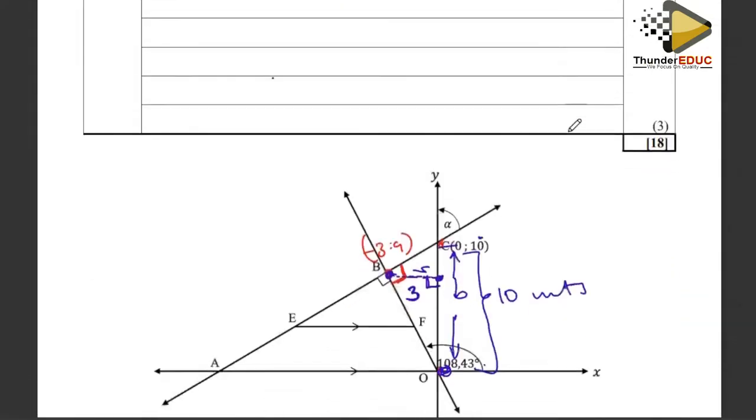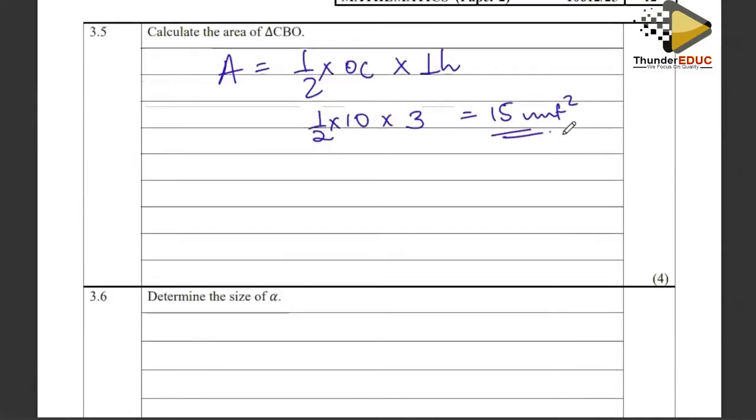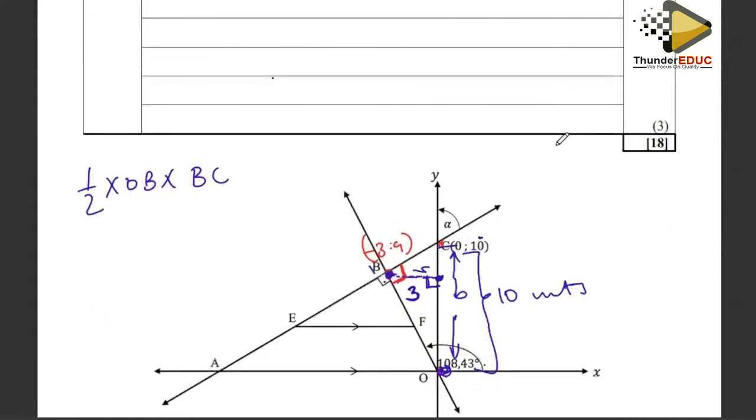Alternatively, somebody could have said that it is a half, with the base being OB and the height being BC. If that is the case, we have the distance of OB, which we got as 3 root 10.